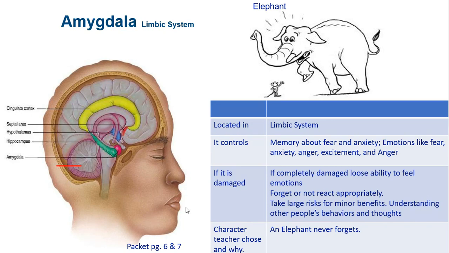The character I chose here is an elephant because you might have heard the phrase, an elephant never forgets. And your amygdalas are like that too. Let's say that you got stung by that bee when you were 5 years old, and then you never saw a bee again, never even read about a bee in a book. But now you're 23 and you see a bee again.